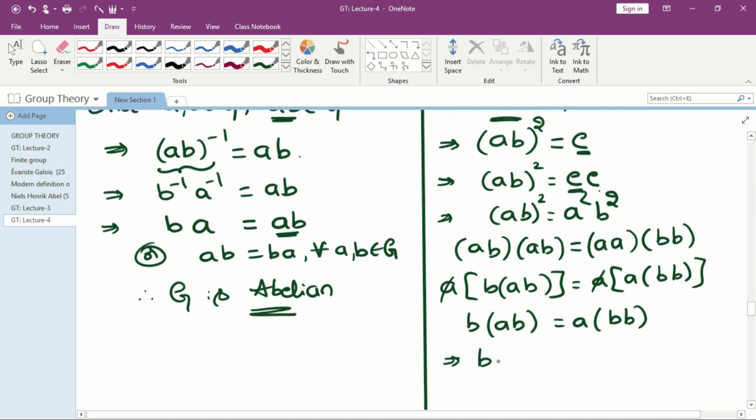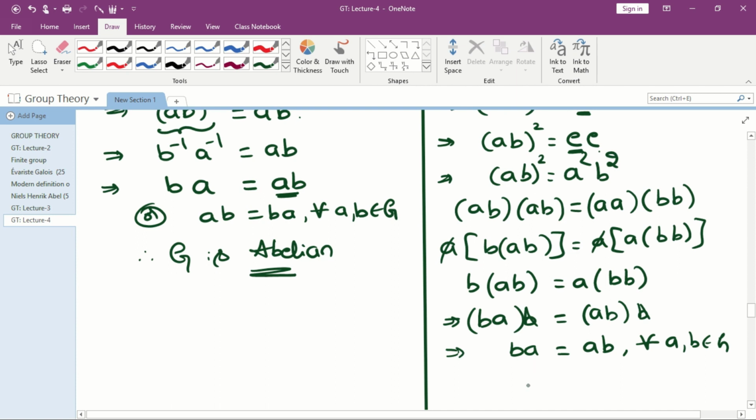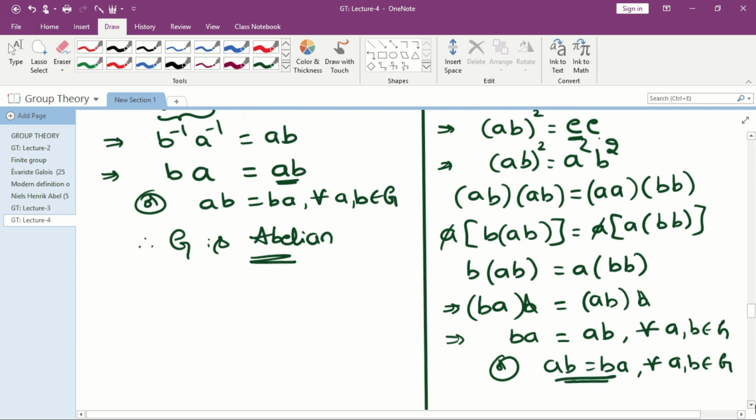This implies BA into B is equal to AB into B. So again using right cancellation, we get BA is equal to AB, and this is true for all A, B belongs to G. So now we got BA is equal to AB or AB is equal to BA, and it is for all A, B belongs to G. So this is nothing but commutative law.